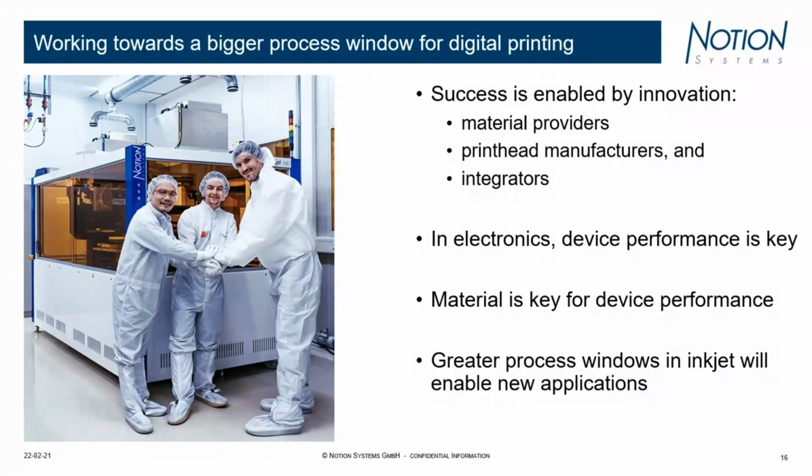So it's innovation in an ecosystem. In electronics, our main field of application, device performance is key. This is the driver for new applications. It's key to bring the materials onto the surfaces, and that is expanding the process windows of our print heads. So it's all interlinked.